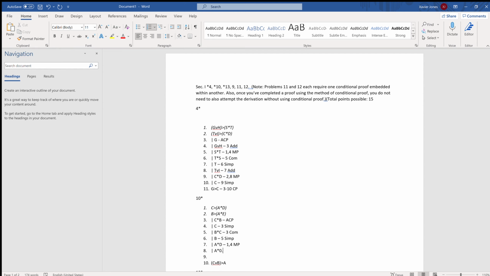Let me think. Yeah, I mean, it makes more sense than all of this. No, I don't know, man. C or B. What can we do with C or B that will help us? I really can't think of anything.